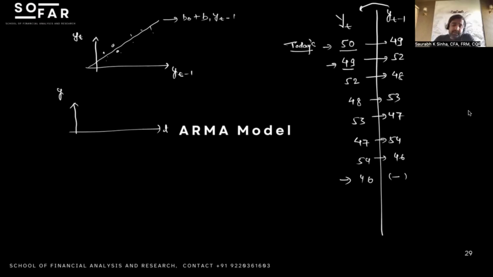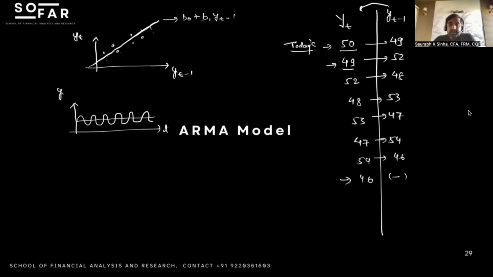It doesn't matter whether it is a point or not because you can represent a line. But what would be the pattern of y? You will see something which is going like this. That's what we discussed in the covariance stationarity.